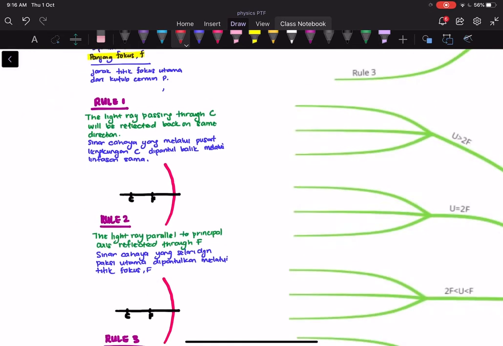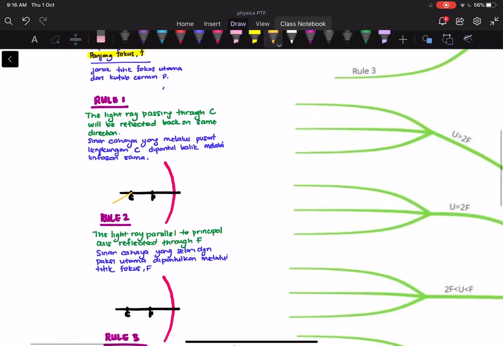So the first rule says the light ray passing through C will be reflected back in the same direction. So apa maksudnya ya? Sinar cahaya yang melalui pusat lengkungan C, when it's passing through the C point, what is going to happen? Dia akan dipantulkan balik dalam arah yang sama. That's the first rule.